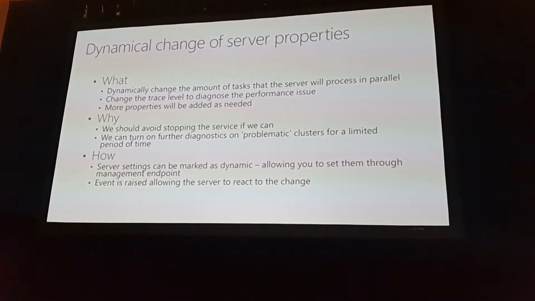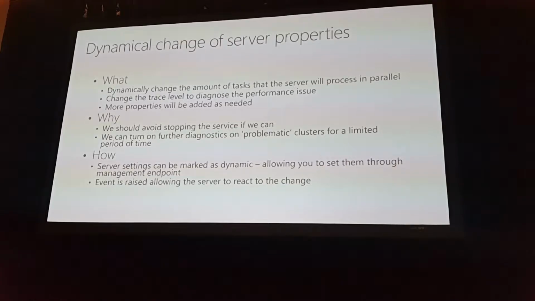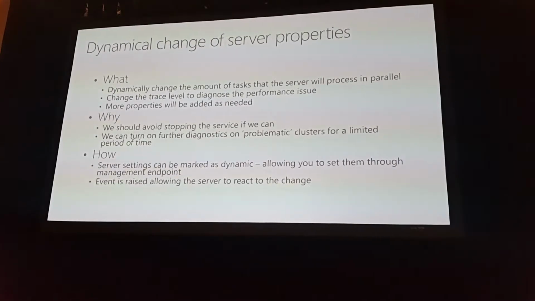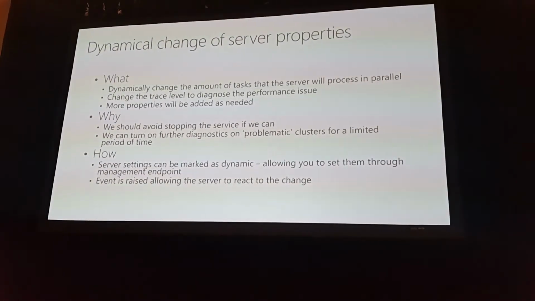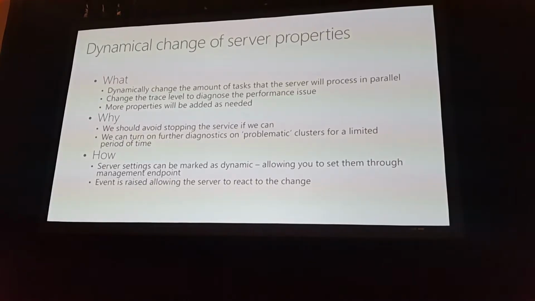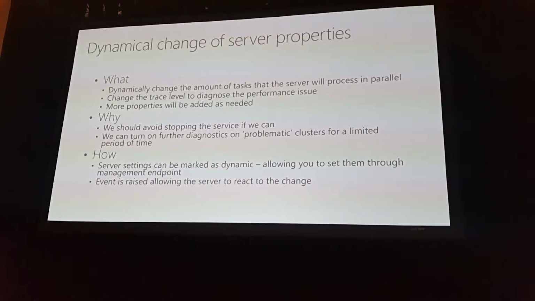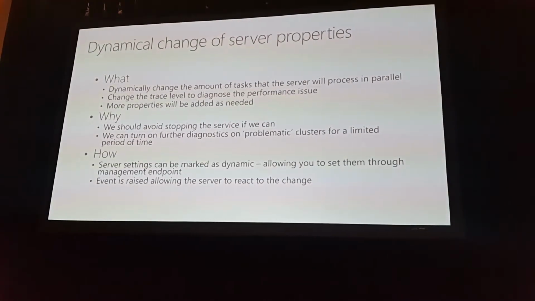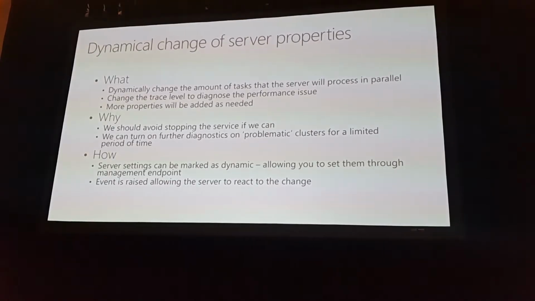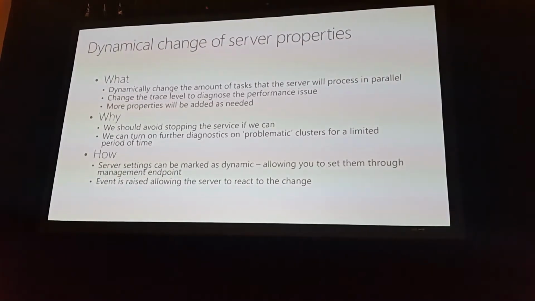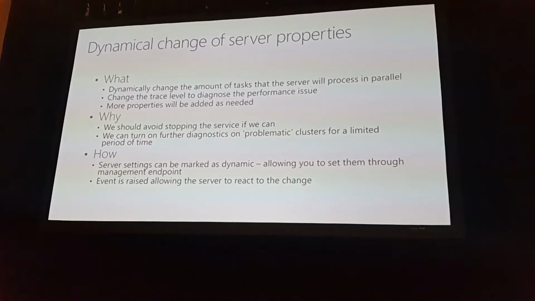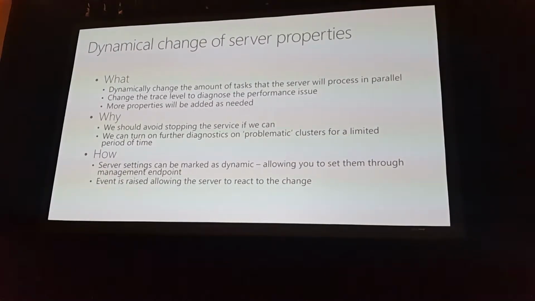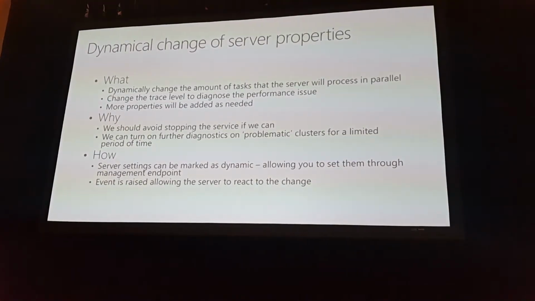So slowly we are going through the properties that we want to be able to change dynamically on a server without having to restart it. And right now there are only two, but more will come as we get through that list and start looking at what we need to run the service without having to take the server down.